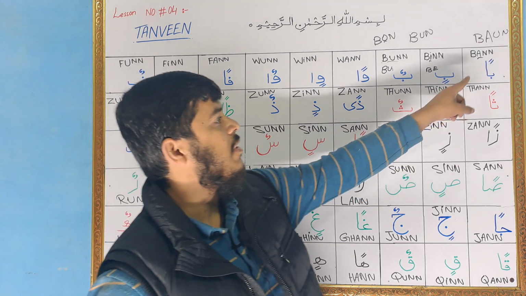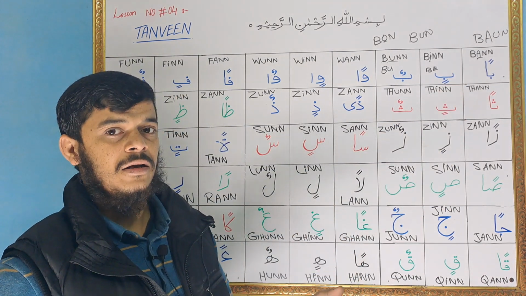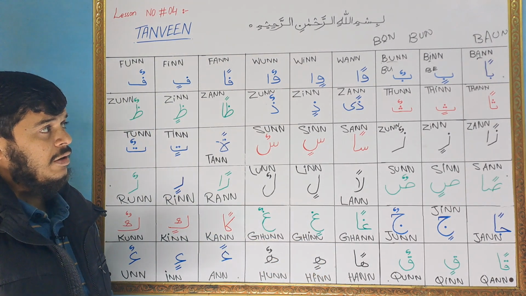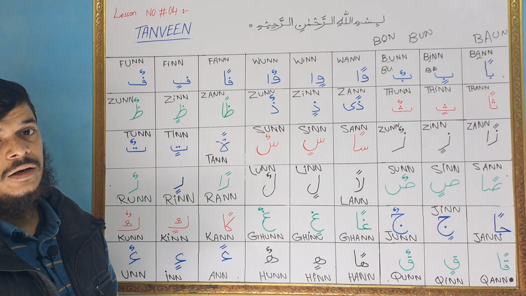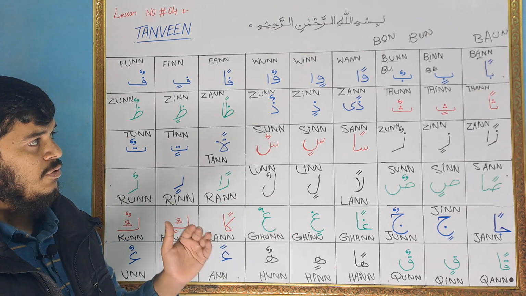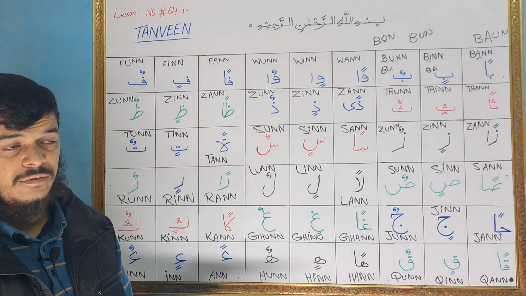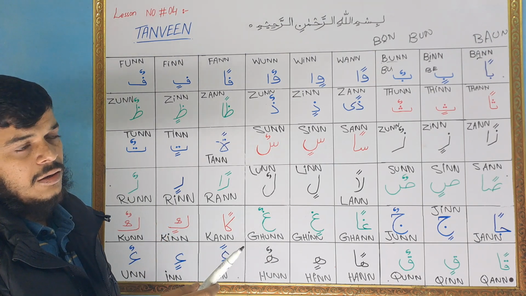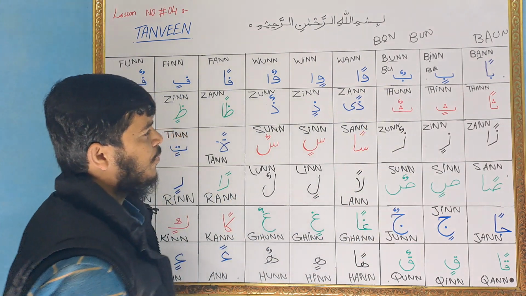Regardless, the A sound is more similar to the word ban. But we are not actually mentioning an English word, we are trying to write an Arabic sound. So you have to remember how the letter will sound in Arabic. So it will be ban, bin, bun.